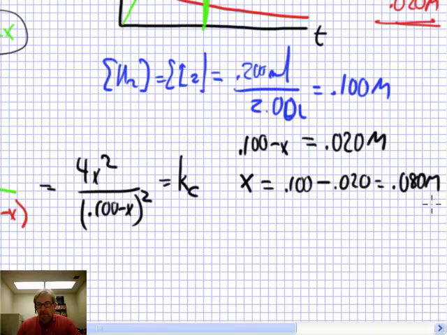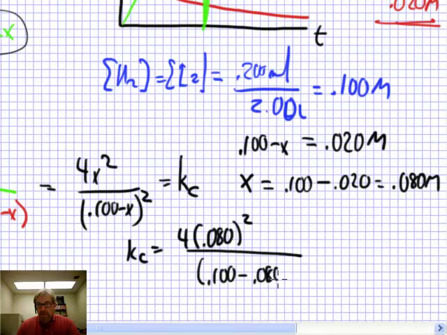So if that's X, then here's what Kc is. Kc is equal to 4 times that value, 0.080 squared, divided by 0.100 minus 0.080, and that quantity squared.